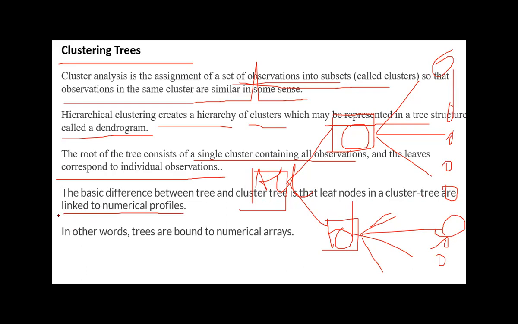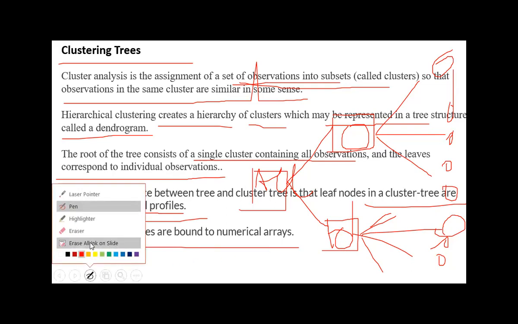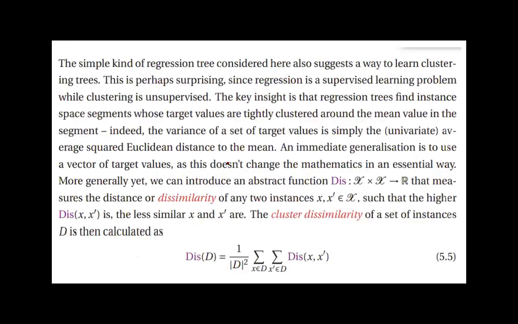But here the ultimate leaf represents the numerical profile. In other words, trees are bounded to numerical arrays. So this is clustering trees, my dear friends.